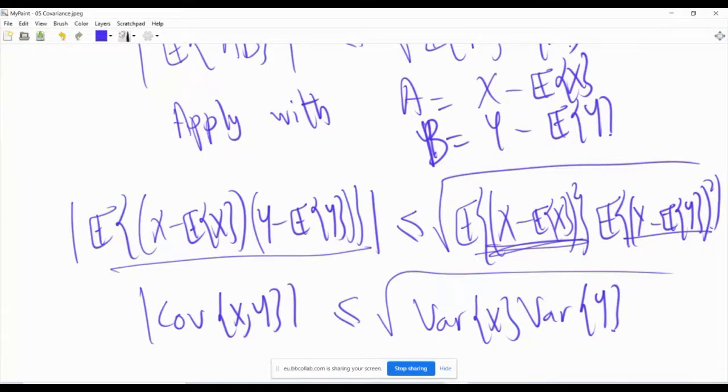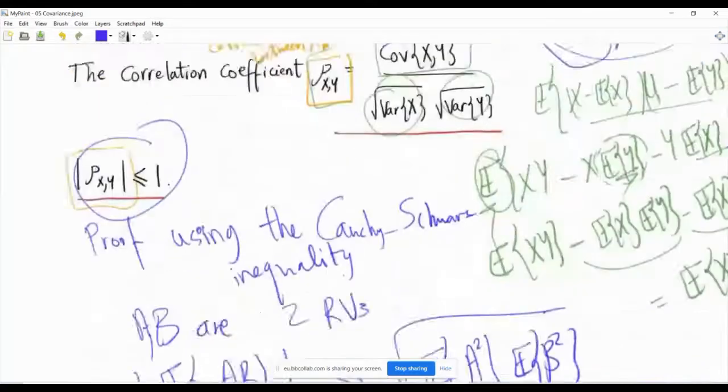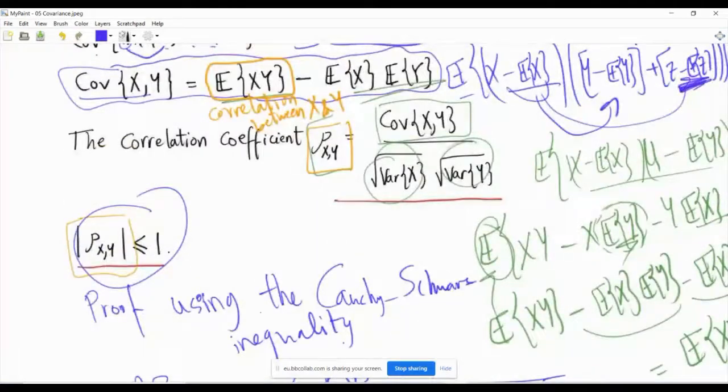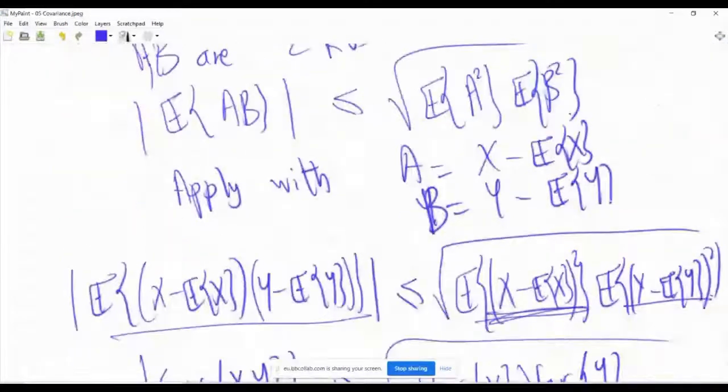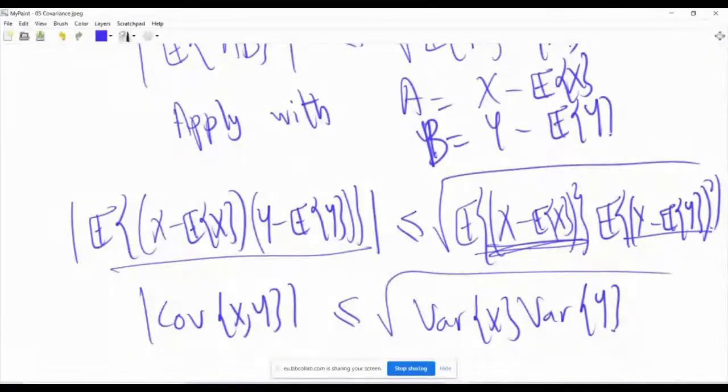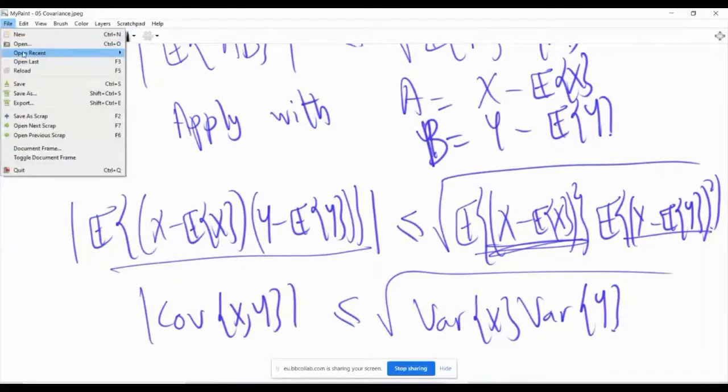So again, the motivation behind the correlation coefficient is to normalize and get something that lives on this nice interval between -1 and 1. It follows directly from applying the Cauchy-Schwarz inequality. And in the tutorial session, you will learn how to use it in other situations.